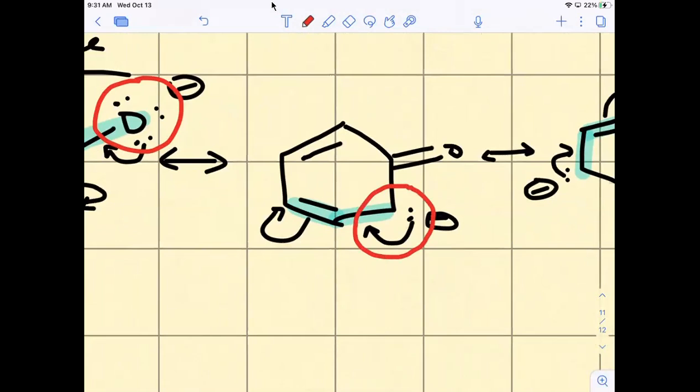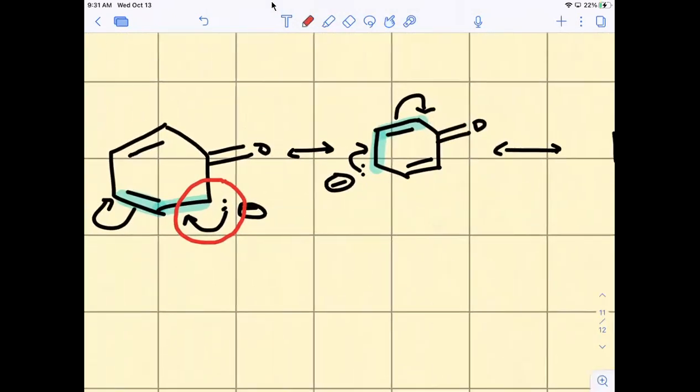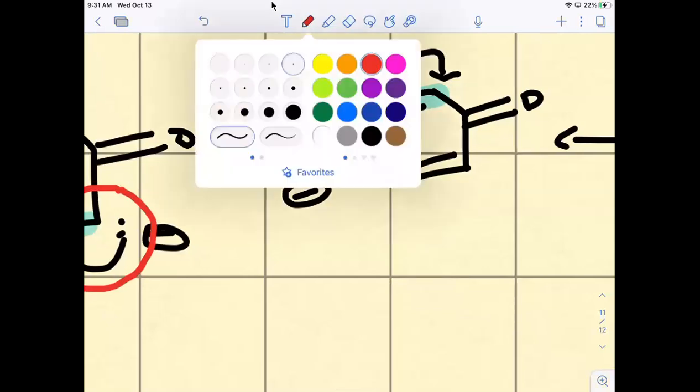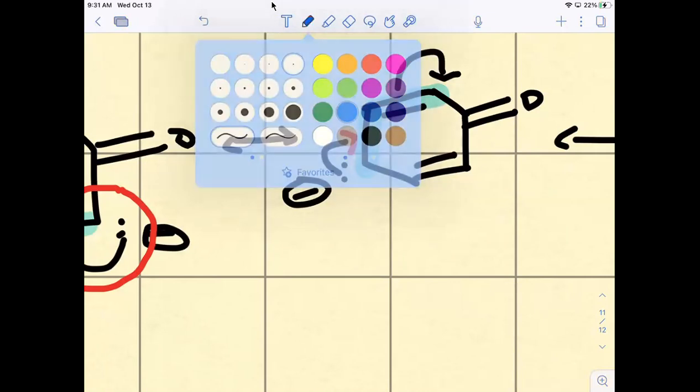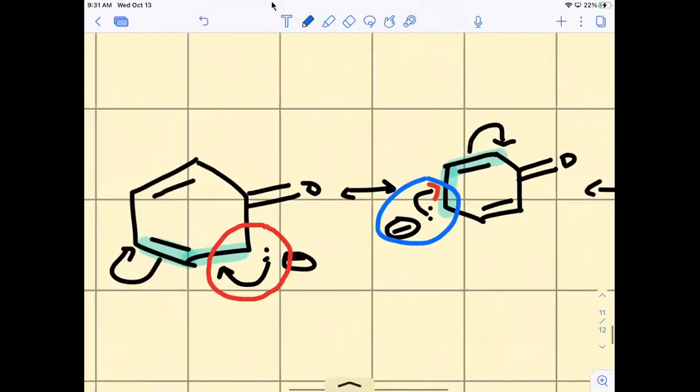Everybody agree with that? And if you look right here, there's also a pair of electrons on that carbon. I need to fix that arrow, it looks like a fish hook.